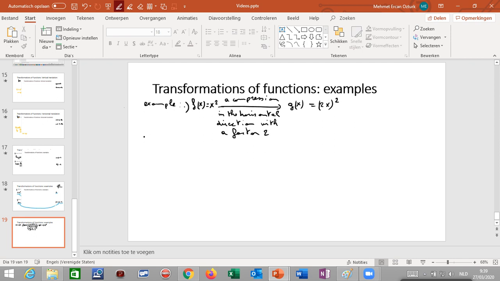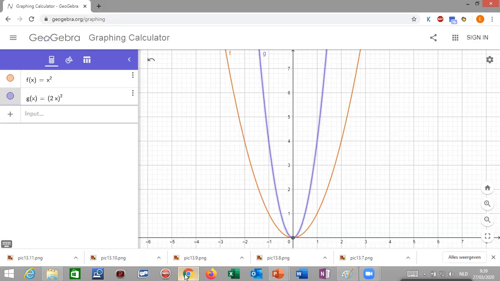Okay, let's check another example. We know the graph of the log with base 2 of x. And let's say that we are interested in the graph of 1 over 2 times the log with base 2 of x. Okay, we can check again on GeoGebra.